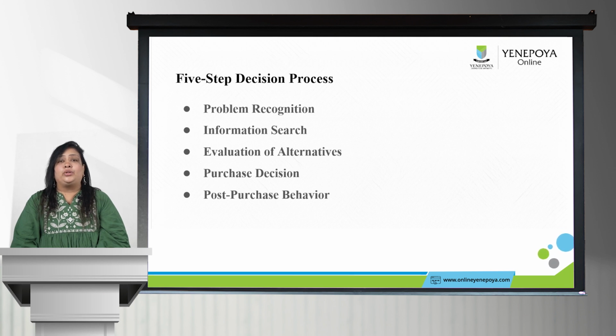The purchase may also be affected by external factors like promotional offers or peer recommendations. Post-purchase behavior. After the purchase, the consumer reflects on the decision, assessing their satisfaction or dissatisfaction. Positive experiences lead to brand loyalty, while negative experiences may result in returns or negative feedback.